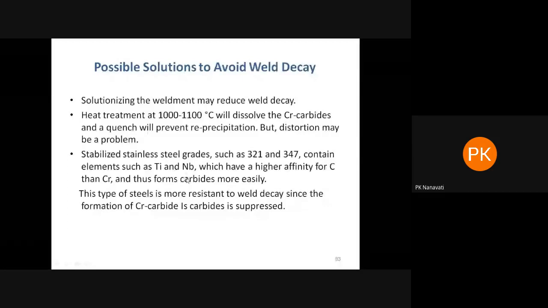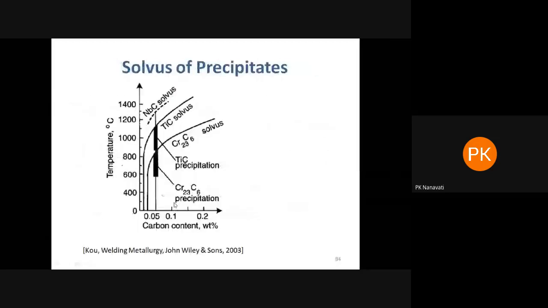What will the titanium and niobium do? You come on this diagram, because titanium and niobium have more attraction for carbon than chromium has. So before chromium combines with carbon, the titanium and niobium will combine with carbon at an upper temperature.